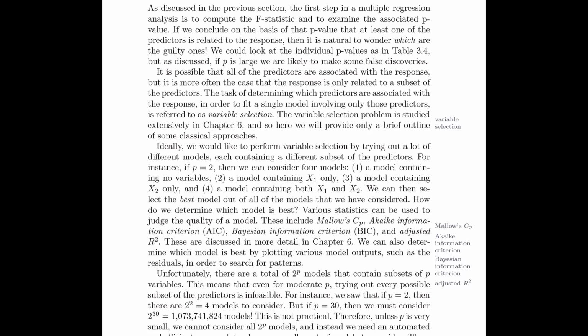How do I pronounce this name? This is very, very important. I think it's the Akaike information criterion, best known in its abbreviated form, the AIC, as well as these last two, Bayesian information criterion and adjusted R-squared.